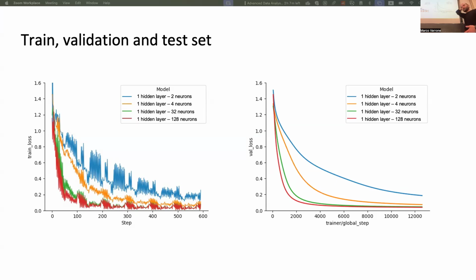Overfitting means that the model is at some point memorizing the data. It's just trying to memorize the data in the training samples, but this information that it is learning is not generalizing on the validation set. What would you see in terms of the training and validation loss curves?